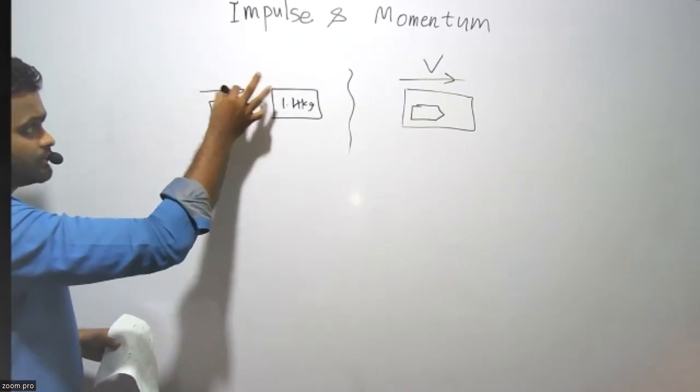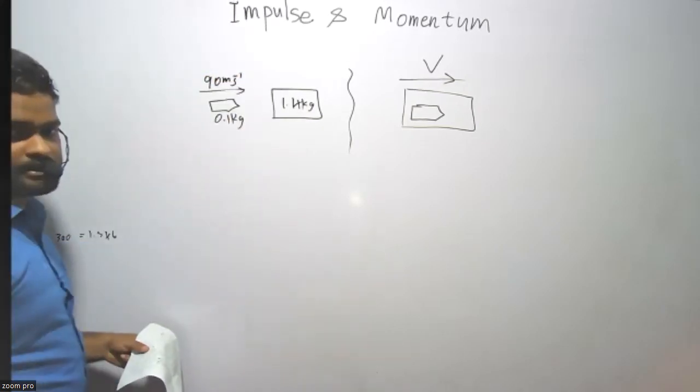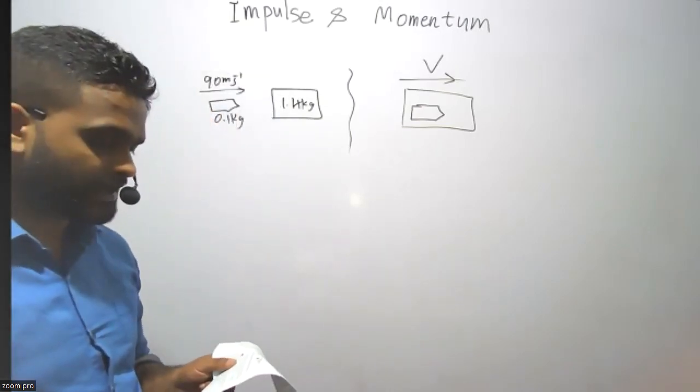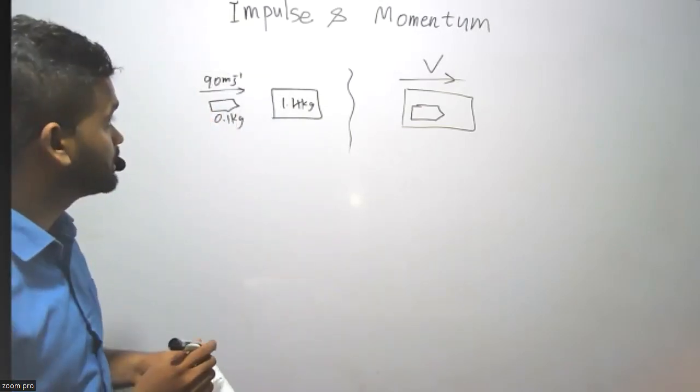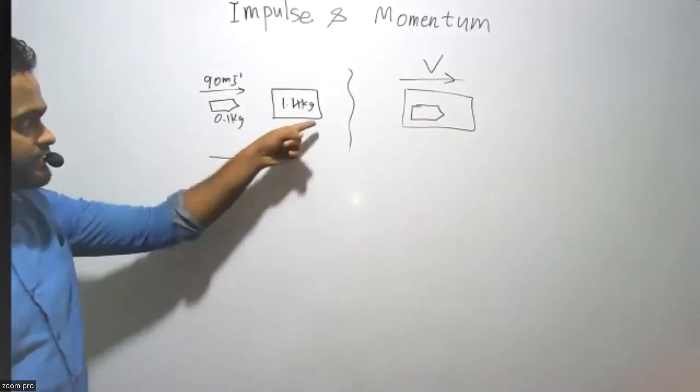Let's say the velocity of the bullet is 90 meters per second. It is not given. So this is the system.